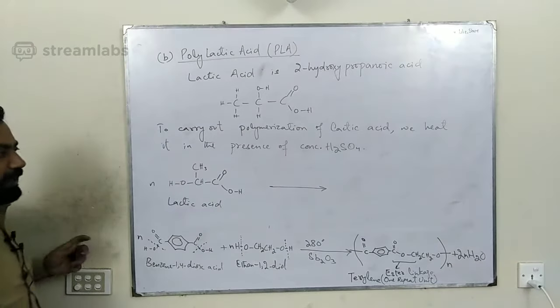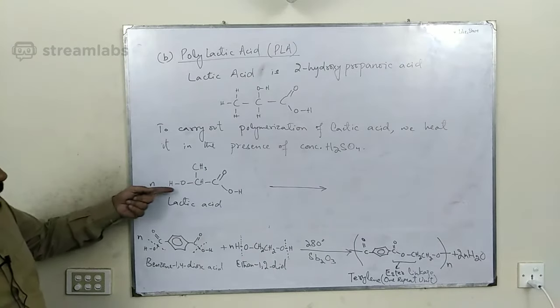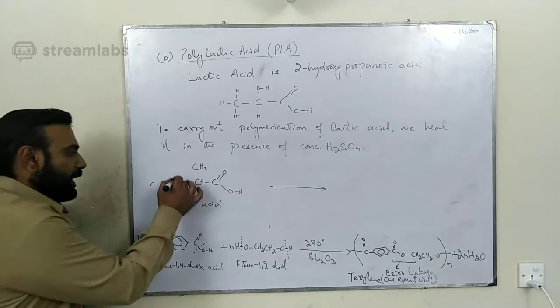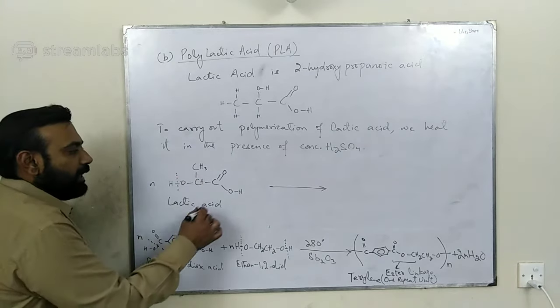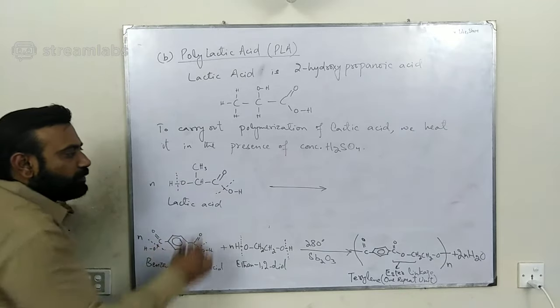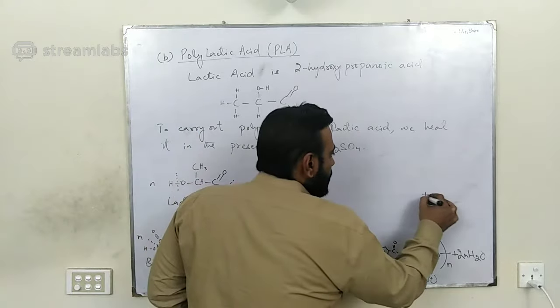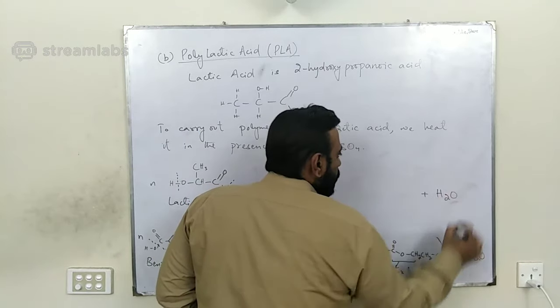Now, this monomer has two different functional groups in it. One of them is an alcohol group and the other one is a carboxylic acid group. Now, the alcohol group will lose its hydrogen and the carboxylic acid group will lose its OH group, and that H and OH will combine together to form H2O.